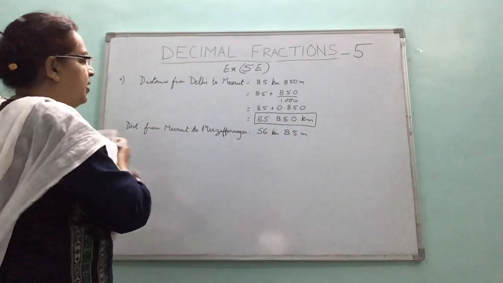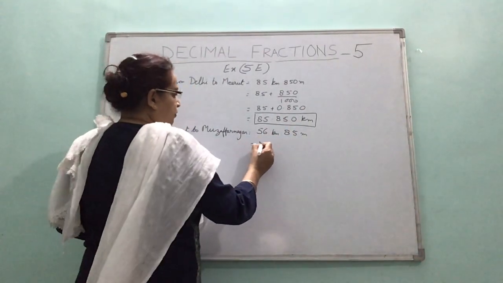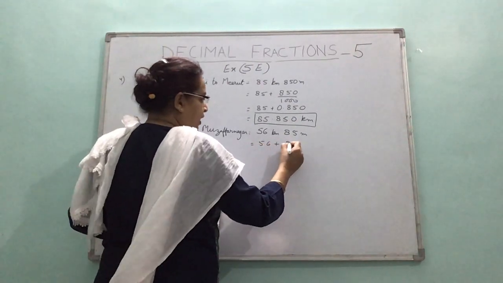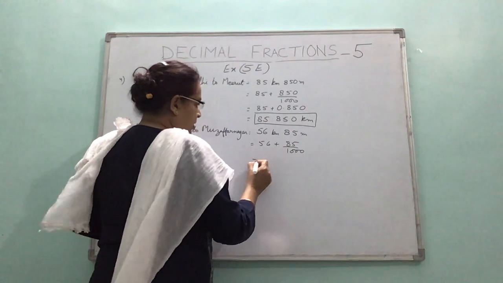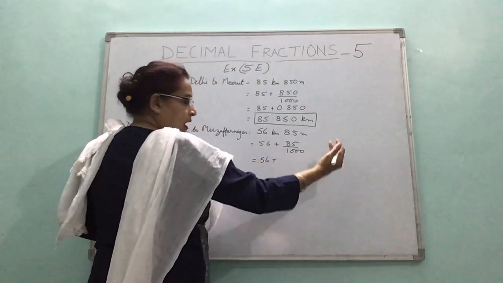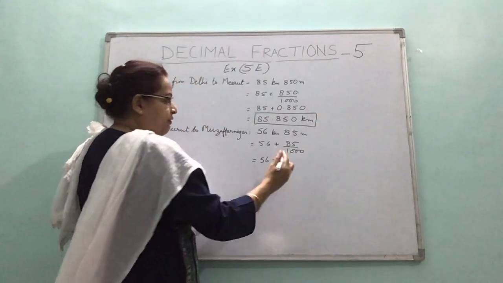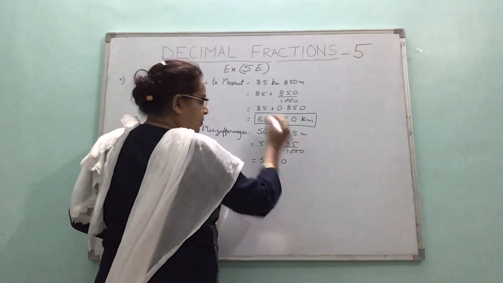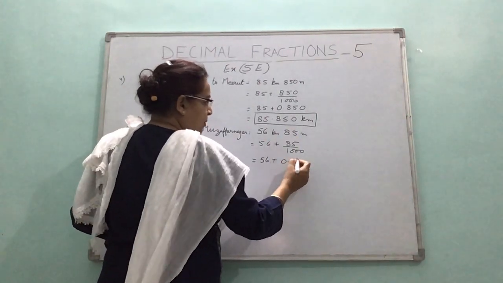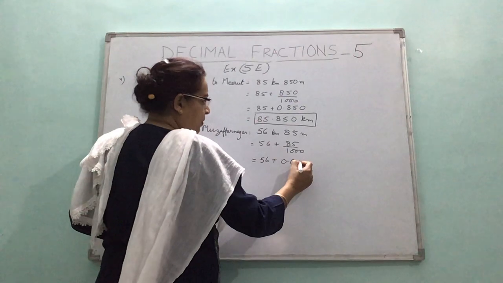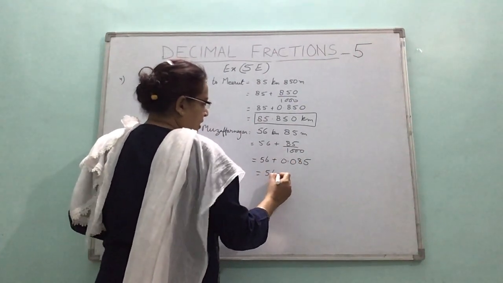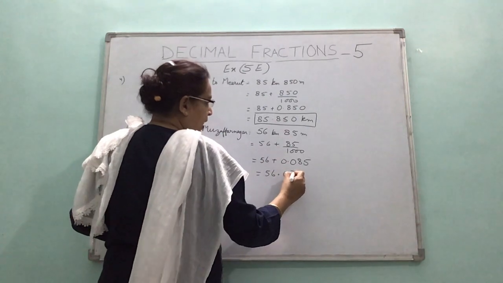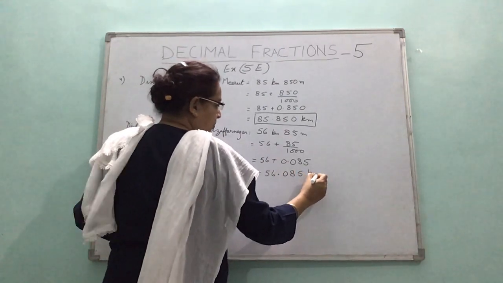Be careful. So 56 plus 85 upon 1000. 3 zeros, so we'll shift 3 places from right to left. 0.085, 0 because it goes here, 0.85. So 56.085 kilometer.